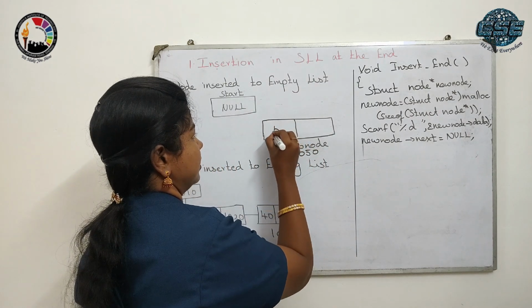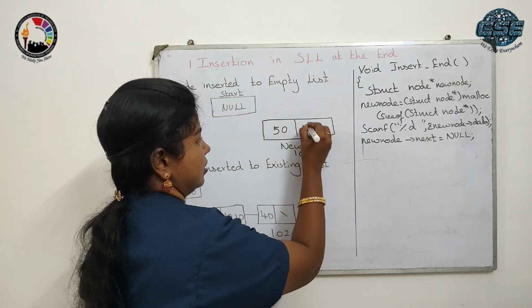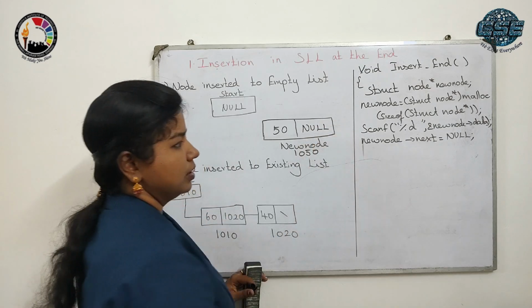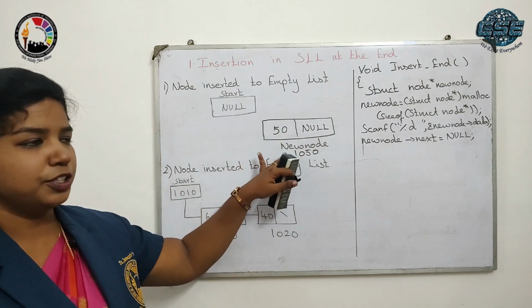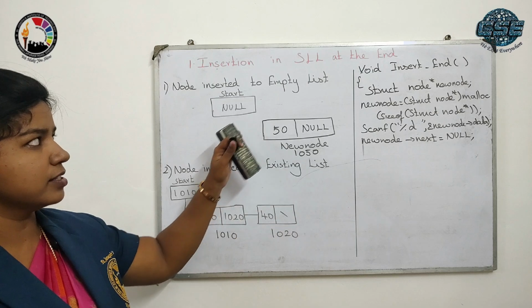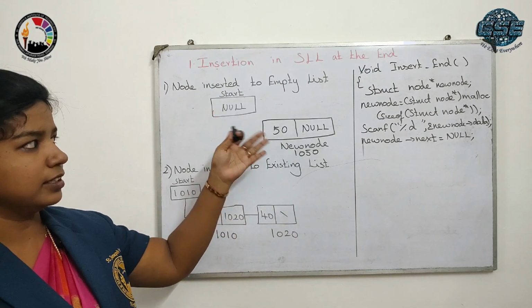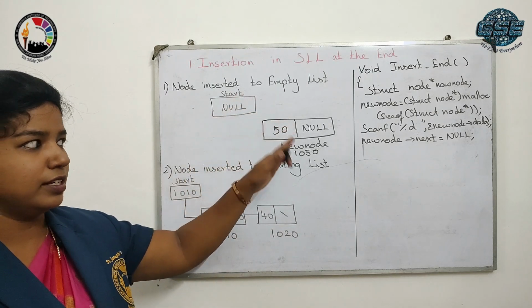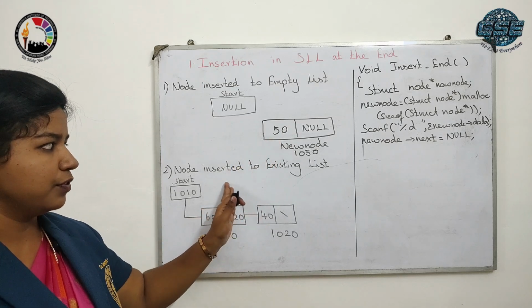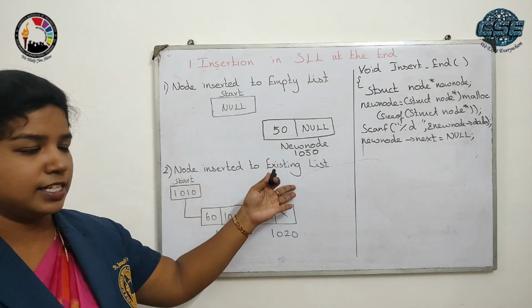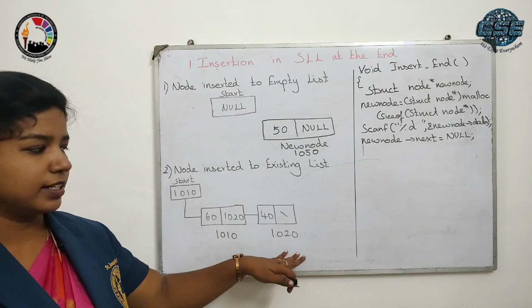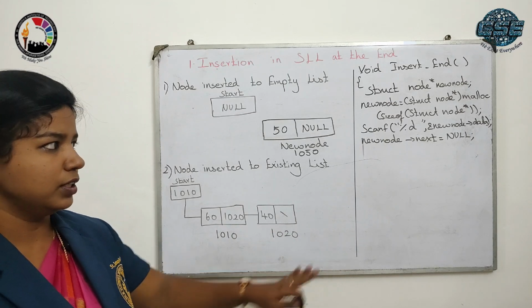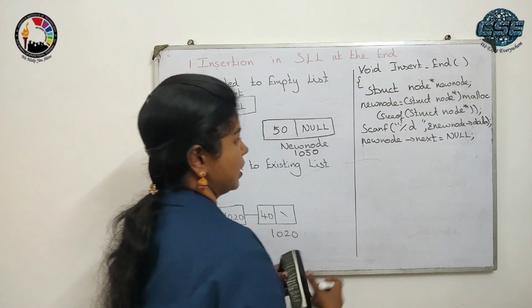So here I am getting the data from the user and assigning the next part to be null. So we have created a new node. This node has to be inserted: if you have an empty list, it has to be the first node. If you have an existing list, the new node should be added to the end of your linked list. So we will have two cases.